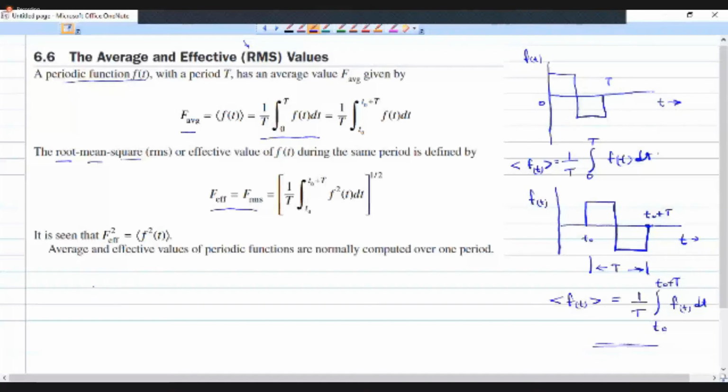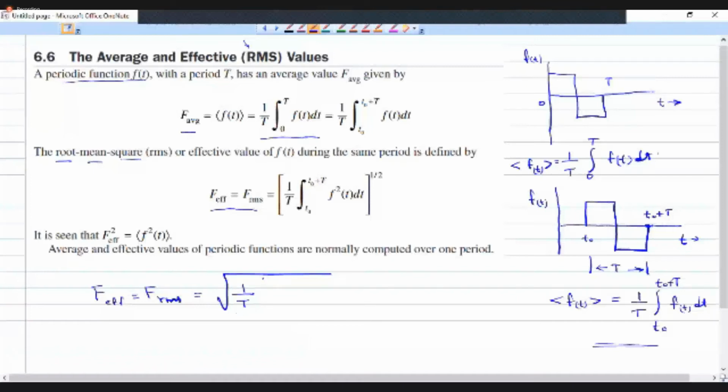So remember the sequence RMS. F effective is otherwise called F RMS. It is the root of the mean of the square. Mean means I have to divide by the time period capital T, just like we did for the average value.